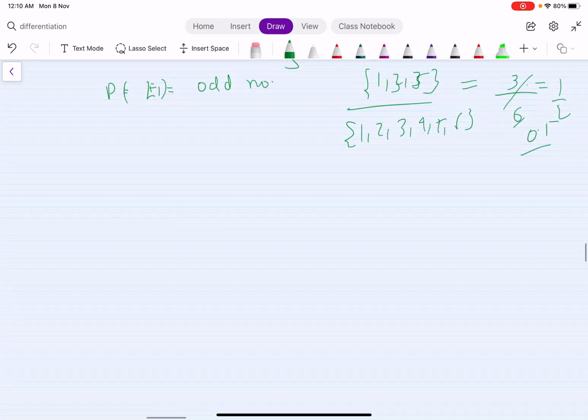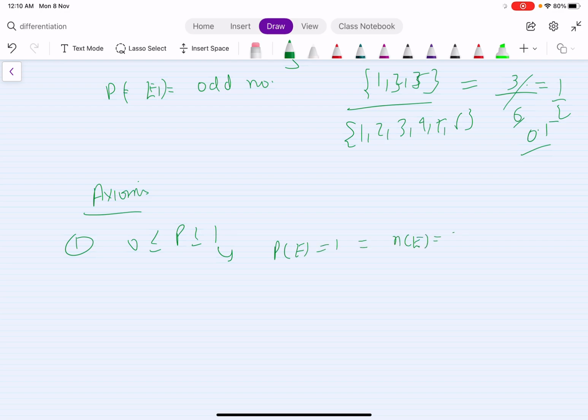Now there are certain axioms of probability that are also there. The first axiom of probability is probability values will lie between 0 and 1. It can be 0, it can be 1, but it cannot be greater than 1 and less than 0. Okay, if the probability of an event is 1, if P of E is 1, that means the number of elements in E is equal to the sample space.